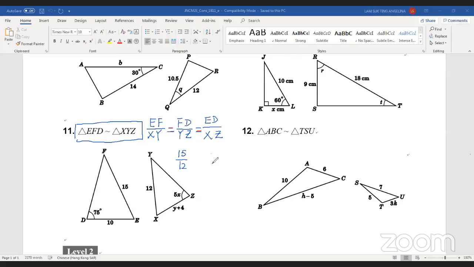And then FD we don't have any information of FD, and we don't have any information of YC. Therefore, we don't need this one. Never mind. We can just skip it, and then equals ED. ED is 10, right? And then XC is Y plus 4, like that. Agree?